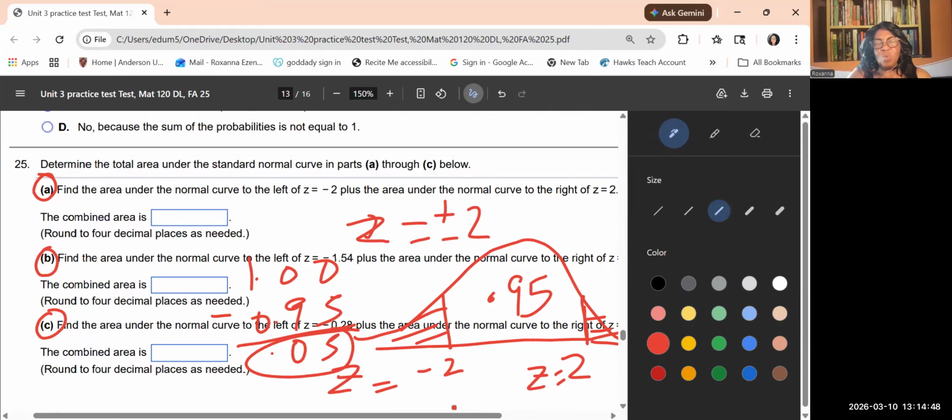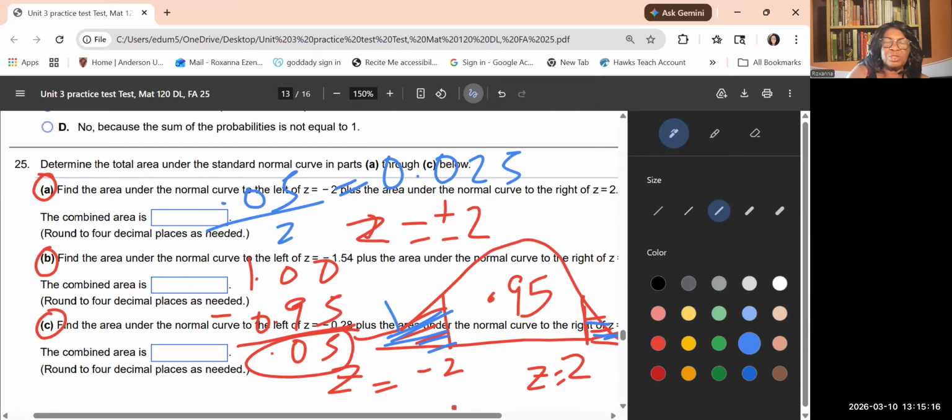That is the area to the left plus the area to the right. If I divide 0.05 by 2, I will have 0.025. Therefore, this area is 0.025, and this area is 0.025.